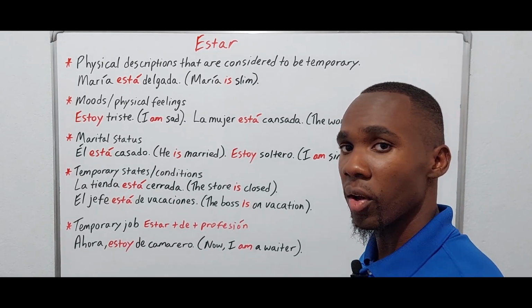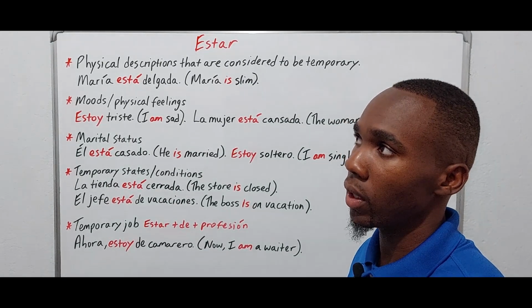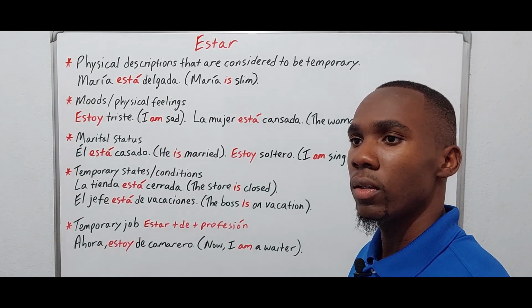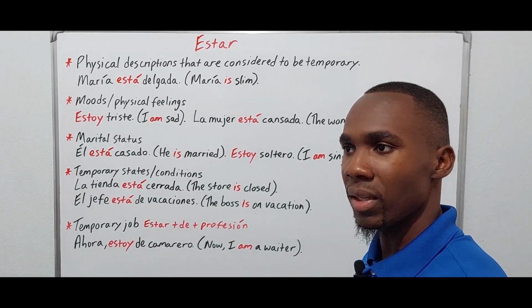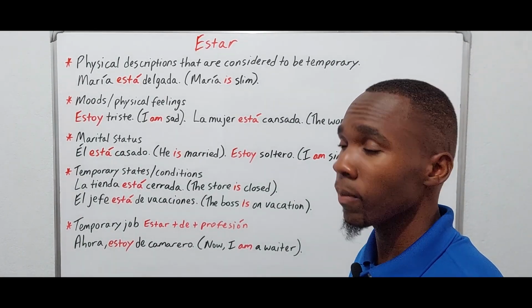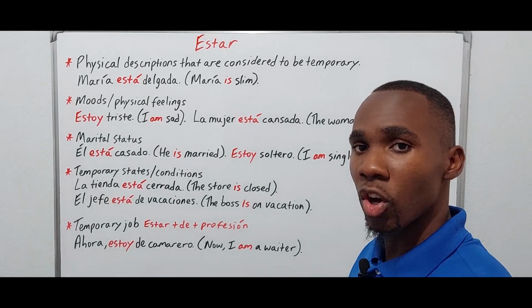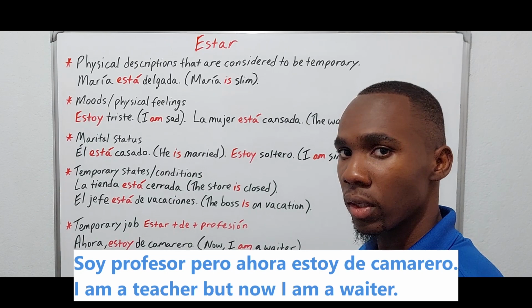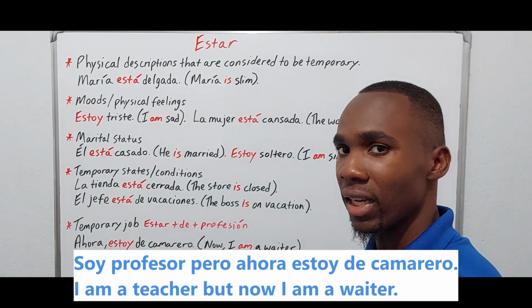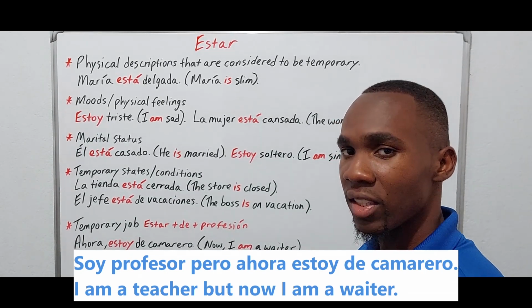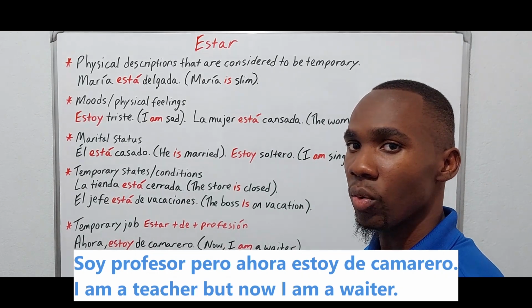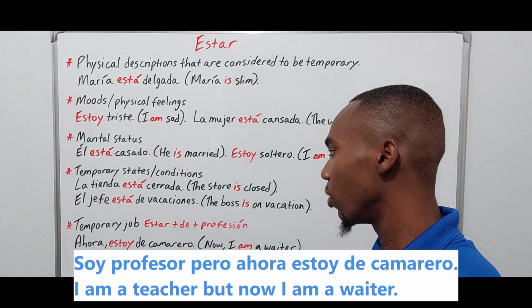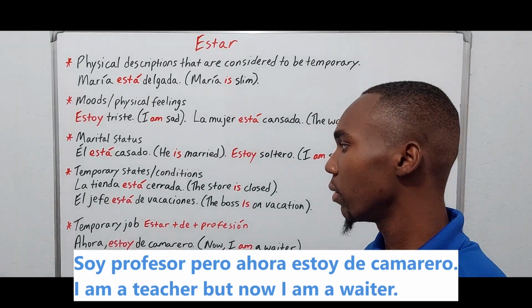Teachers get a long summer holiday. So let's say a person who's a teacher does an interim job in the summer just to pass time, right? So we would say, soy profesor, pero ahora estoy de camarero. So I am a teacher, but now I am working as a waiter, or I am a waiter, right?